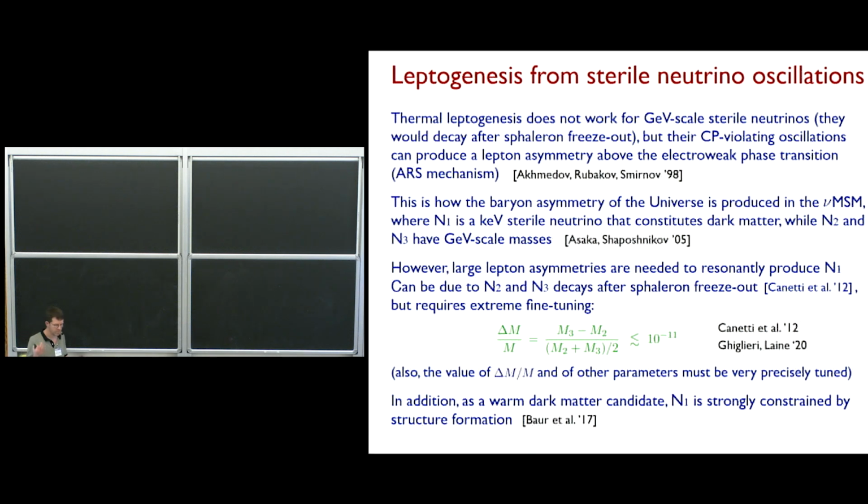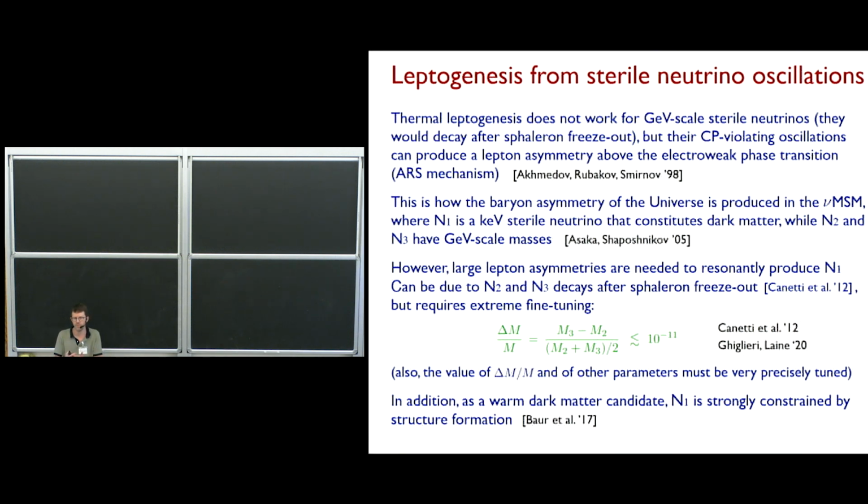They are produced through inverse sterile neutrino decay, and they are never in equilibrium. So that's why you can easily produce an asymmetry in the sterile neutrino sector. For that reason, people often call this scenario freeze-in leptogenesis, by analogy with dark matter, while the leptogenesis from heavy sterile neutrino decay they call freeze-out leptogenesis. So that's the difference.